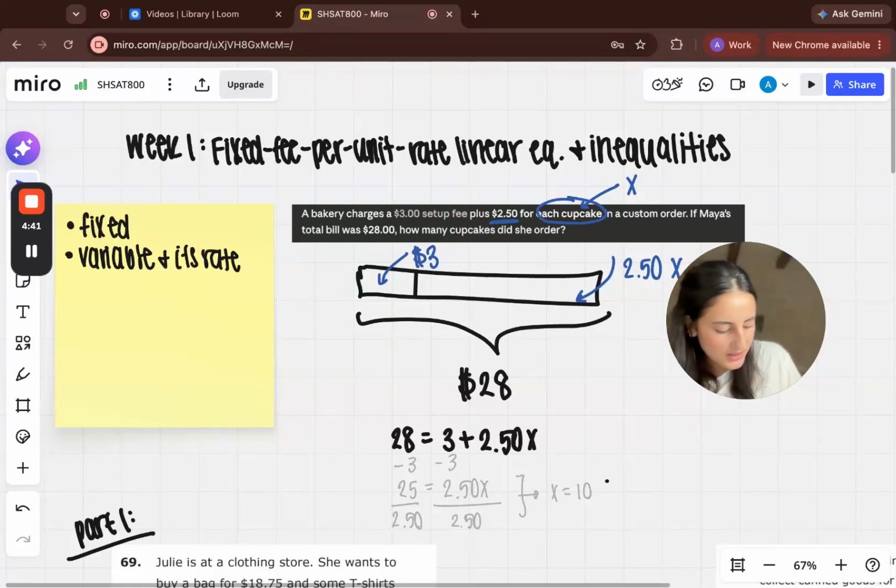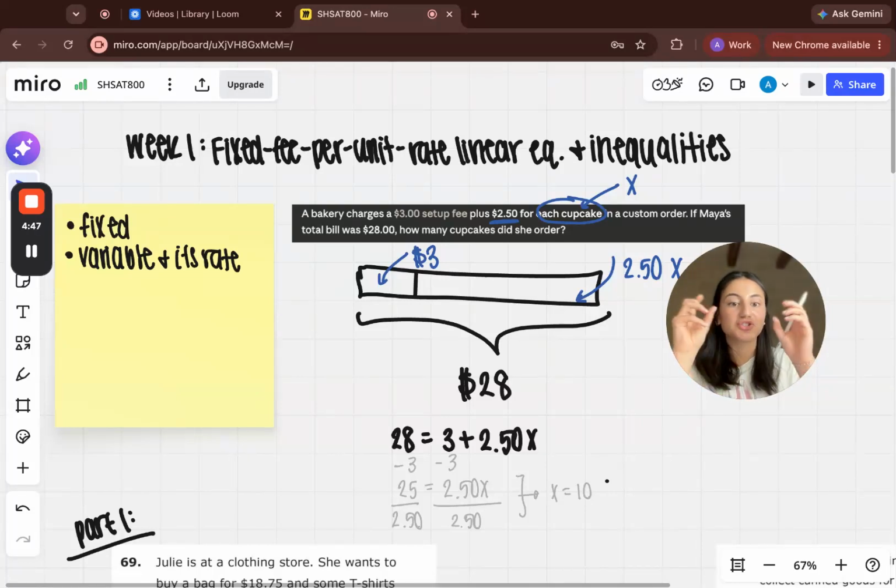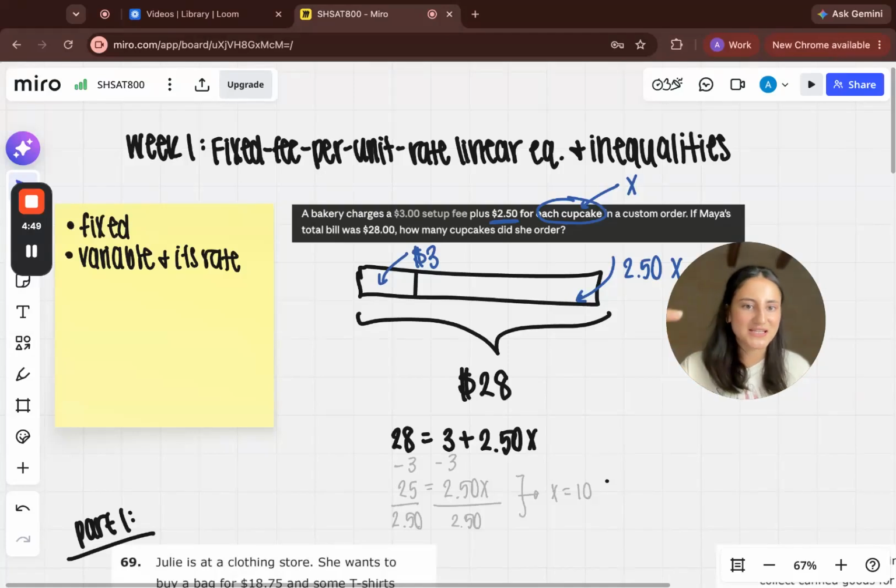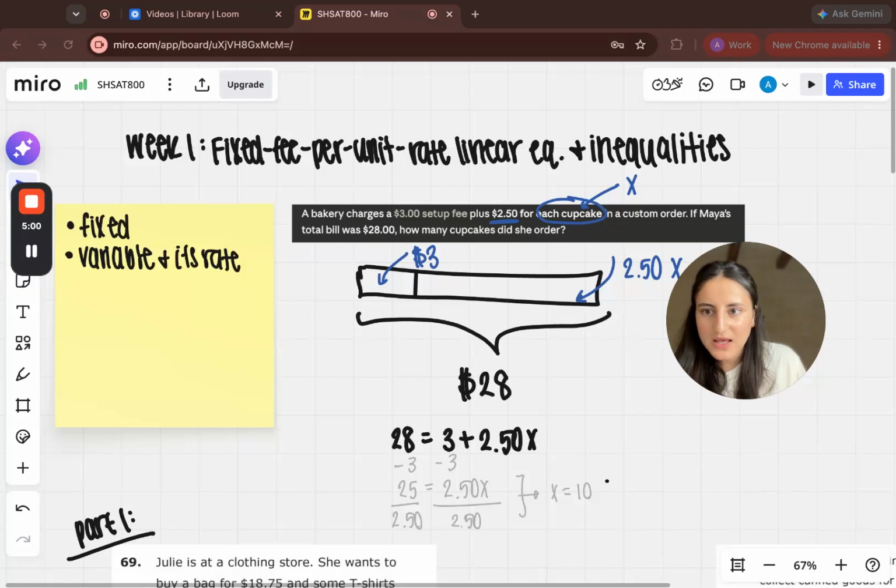So in this case, the rate of the variable, the cupcakes, is $2.50 because it's $2.50 extra for each cupcake. So we have the fixed, the variable, and its corresponding rate. And then this is going to be set up in an equation that looks like this.